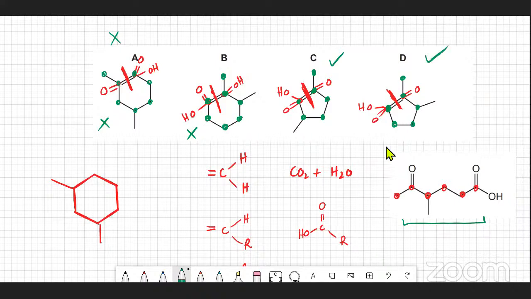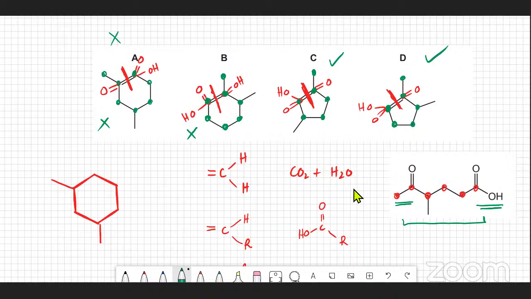What else do I need to match? That at one end there's a CH3 and then a double bond O. That's true for both of them. The other end has a carboxylic acid, and that is also true: there's a carboxylic acid over here, and there's a carboxylic acid over here as well.